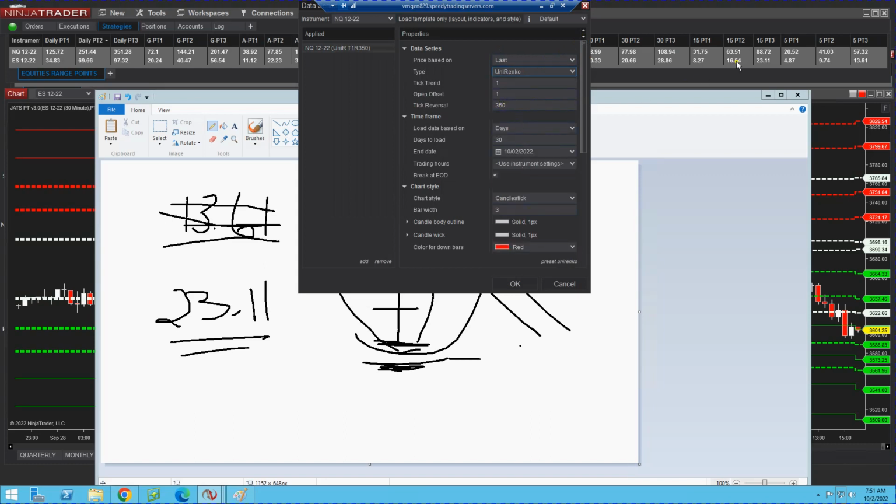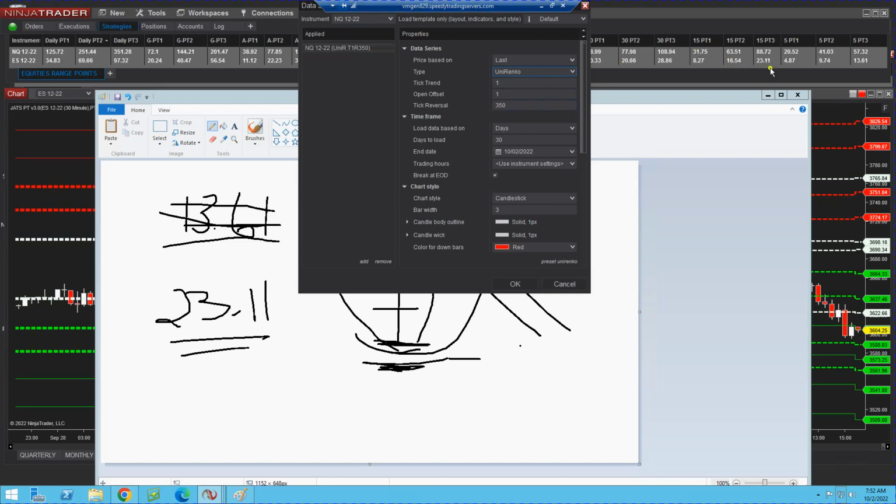So what you do is you get your 15-minute range, right? So your 88.72, or your 30-minute range in a larger volatility, 108.94. And I would put them side by side and even a 60-minute range. So have a 15, a 30, and a 60-minute Unirinco side by side.